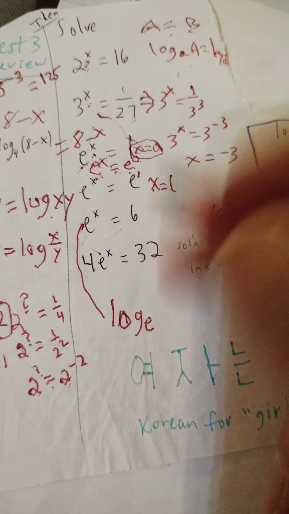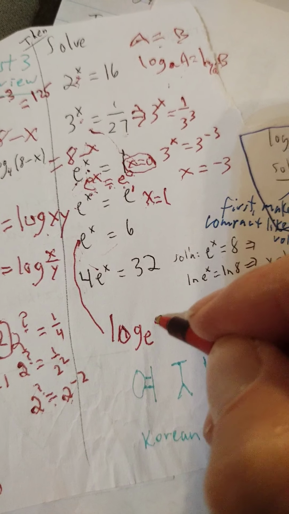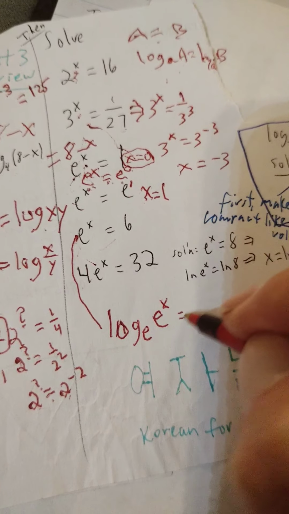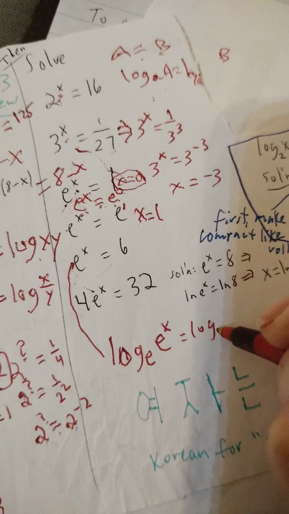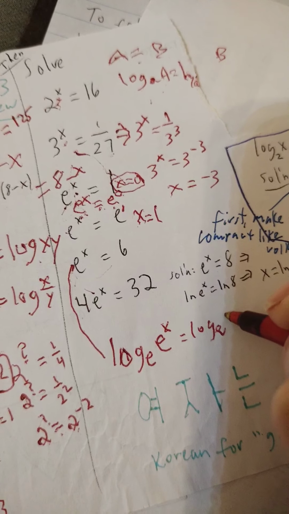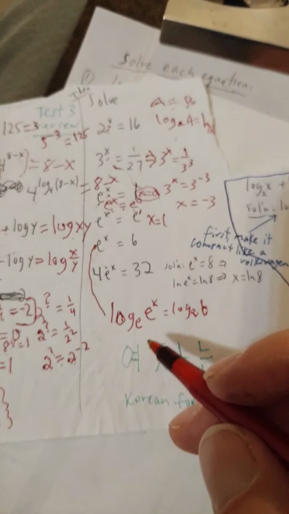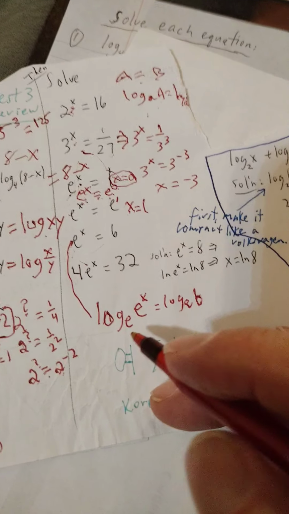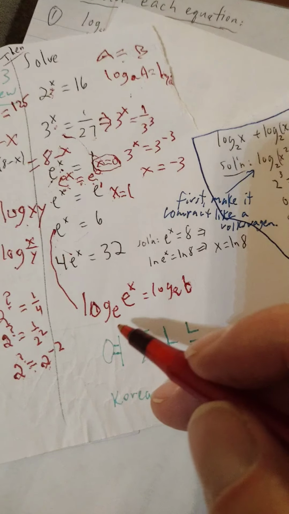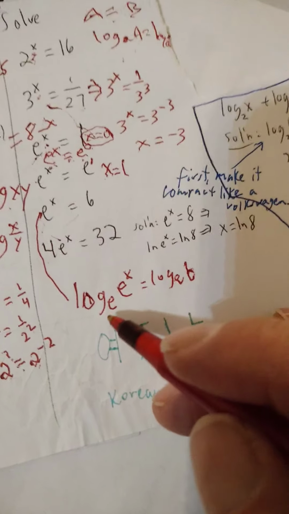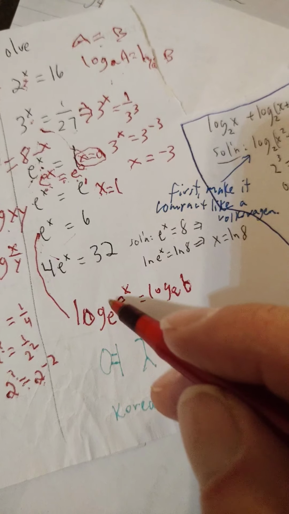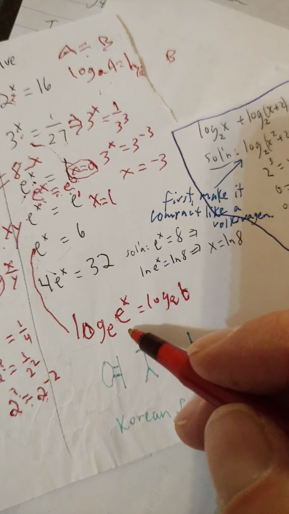It's this property right here. And then my argument is e to the x equals log base e of 6. It really helps to solve an exponential equation by taking the log of both sides. Now, what is this left-hand side going to become? Isn't this composing inverse functions? We have a log whose argument is exponential.